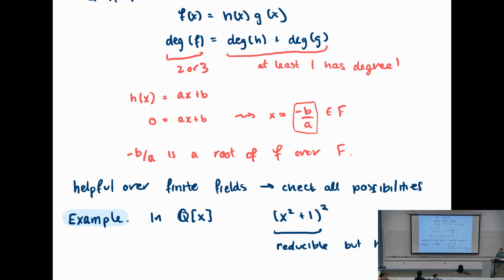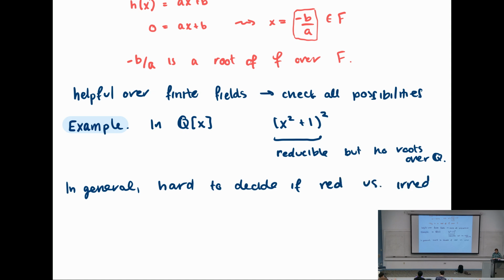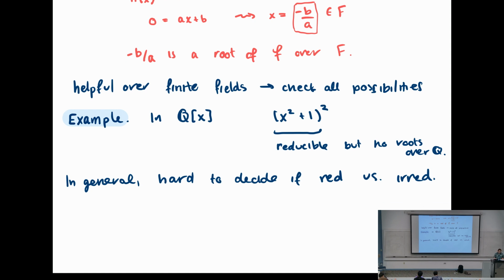Okay, so let's see a few more tests for irreducibility. So in general, it's hard to determine whether a polynomial is reducible or irreducible. But there are some special cases where we can say something. So let me give you a theorem called the mod p test.